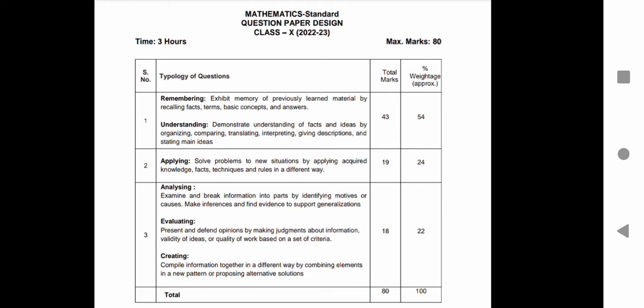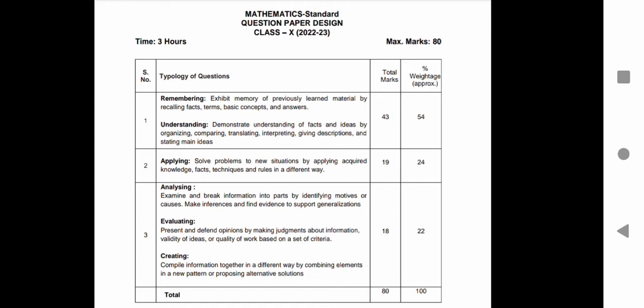You can see here it was also followed in class 9, so the weightage of everything is the same here. So pause the video and read what is given here, and after reading this, see here: the total is 100 marks, with 80 marks from the board exam and 20 marks given by your school.